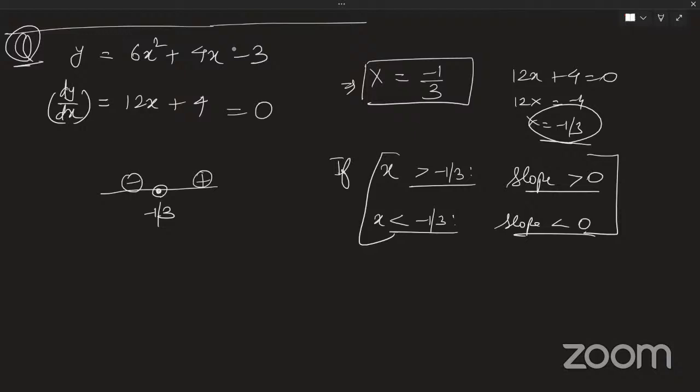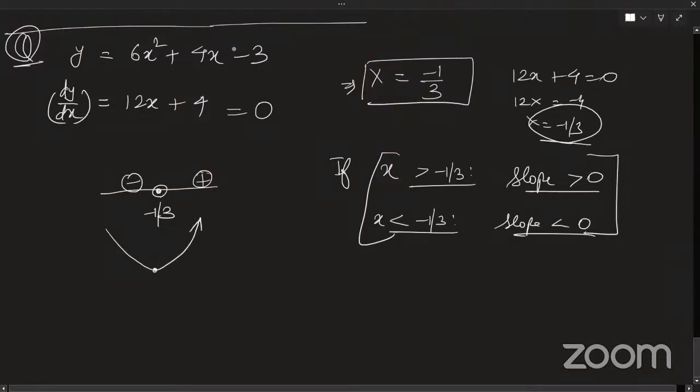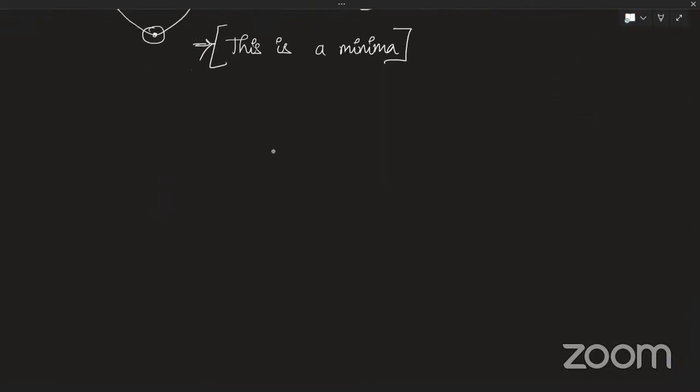You can substitute any value greater than minus 1 by 3, and any value lesser than minus 1 by 3. It will turn out to be negative, and this will be positive. So what can I infer about this point? That first it was decreasing, then it is increasing. So what can we say about this point? We can say that this is a minima. Can we say that? Yes sir. Right? Okay. So, one more problem.